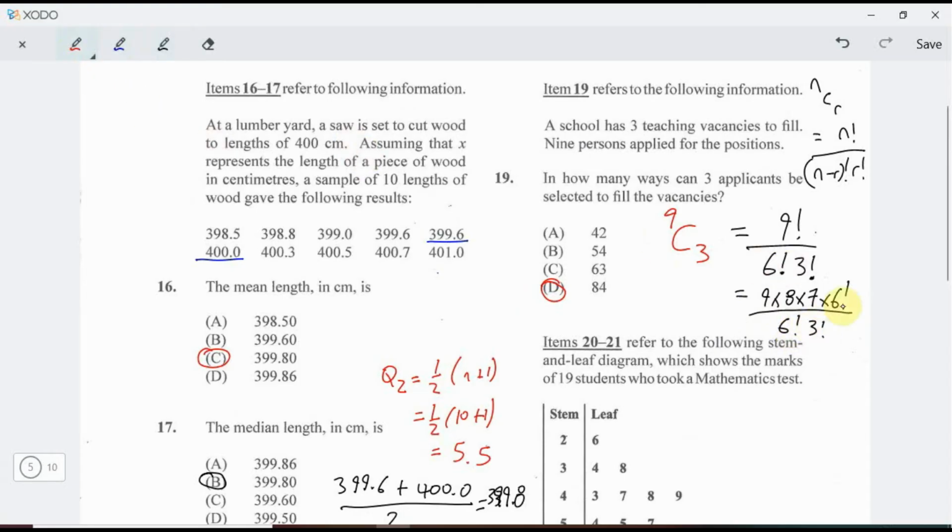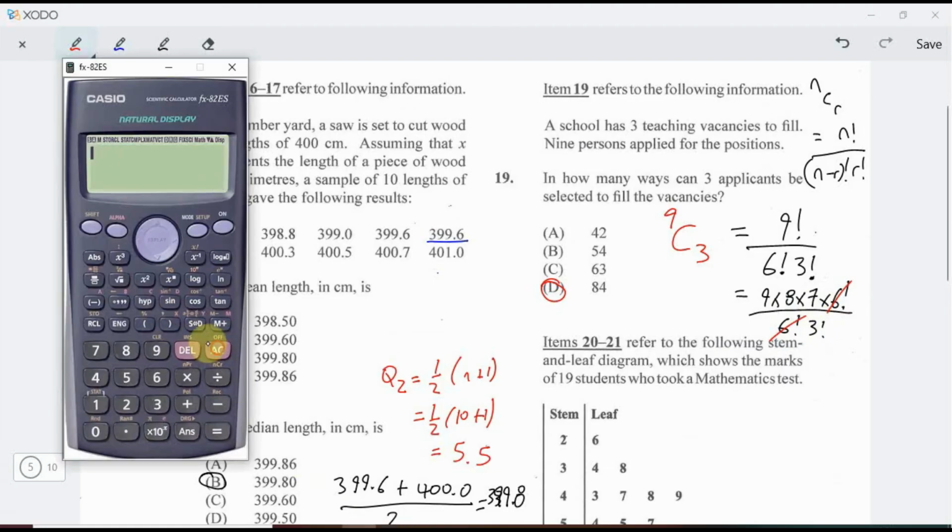The 6 factorials will cancel. Then you work out 9 times 8 times 7 and divide it by 3 factorial, which is 6, and you still get 84.